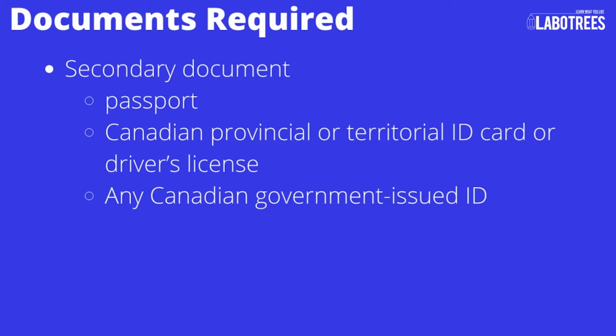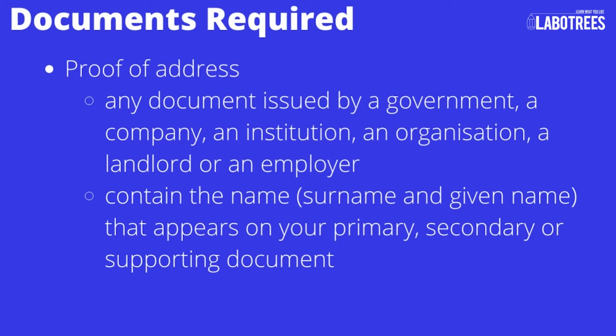Or you can also use another Canadian provincial or territorial ID or driving license, but I wouldn't recommend using these identity cards, because we need you to use the driving license or other provincial card as a supporting document.